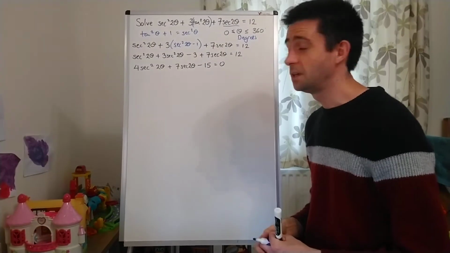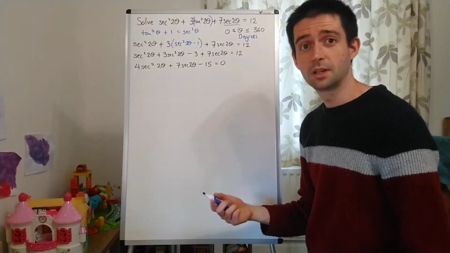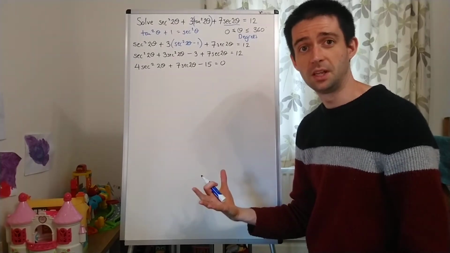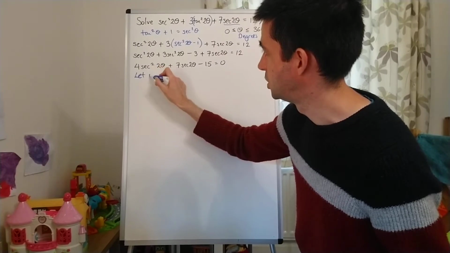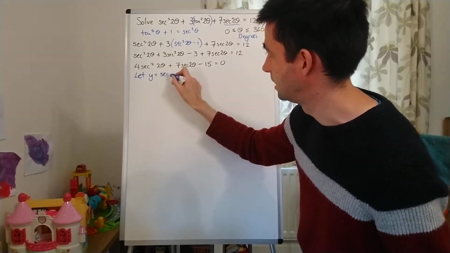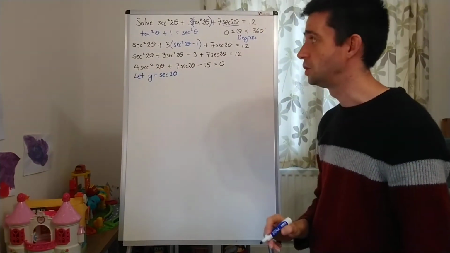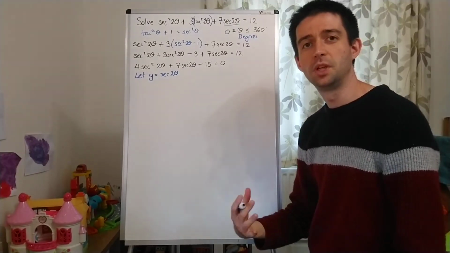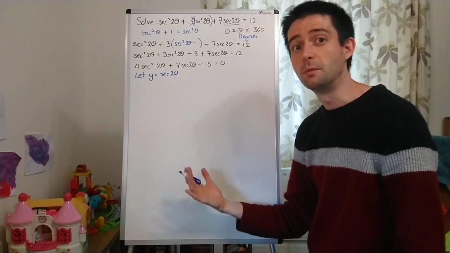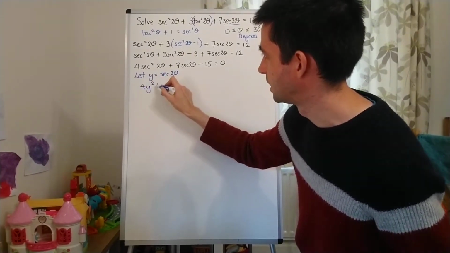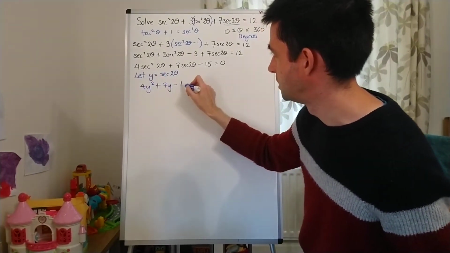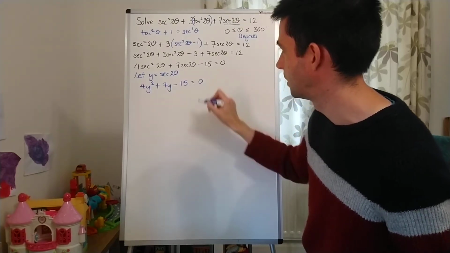Now, as I've mentioned in previous videos, some students are comfortable factorising and solving in this form. The majority that I've found would like to use a substitution at this point, so just to say let y equals sec 2 theta, and what that means is we can just rewrite the quadratic in a more familiar form. So it becomes 4y squared plus 7y minus 15 equals 0.